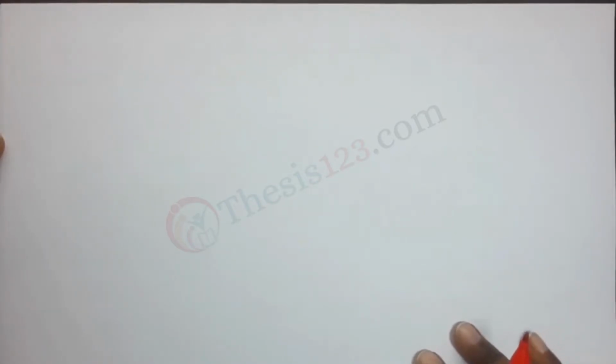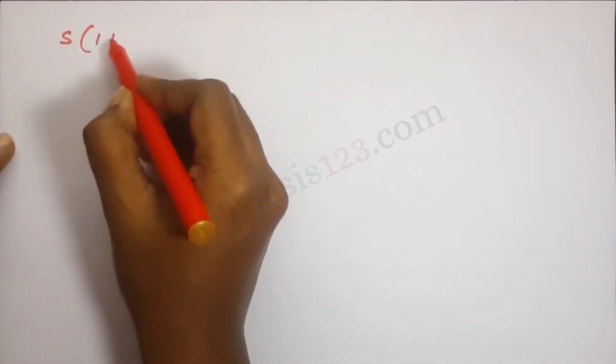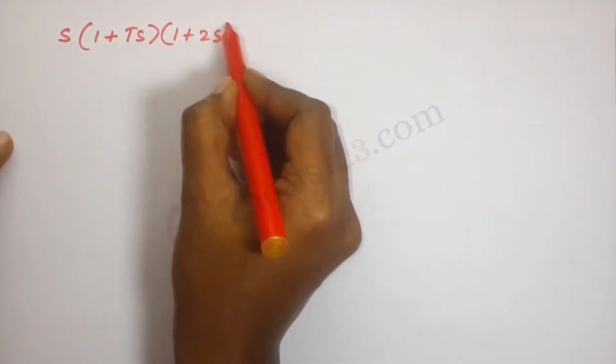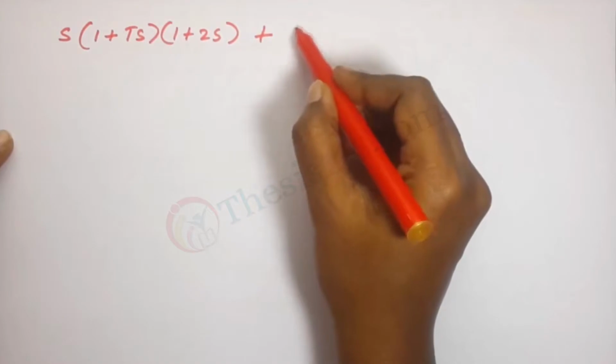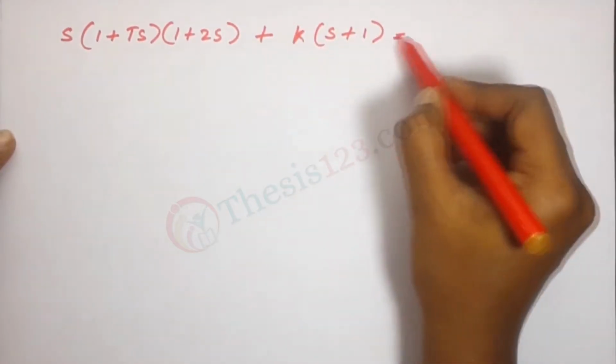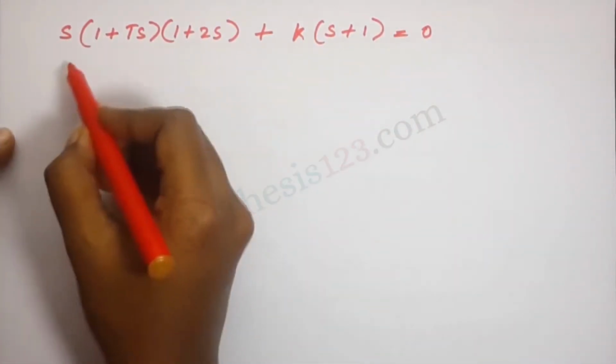When we simplify, we cross multiply and get the common denominator. So s into 1 plus ts into 1 plus 2s plus, we have the second term k into s plus 1, is equal to 0. Now let's open up the brackets and multiply.